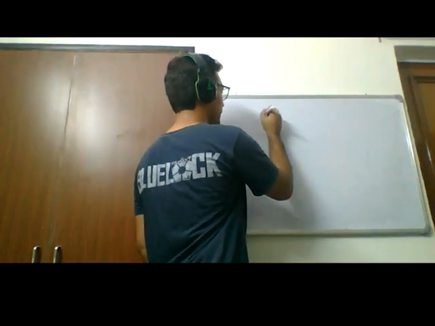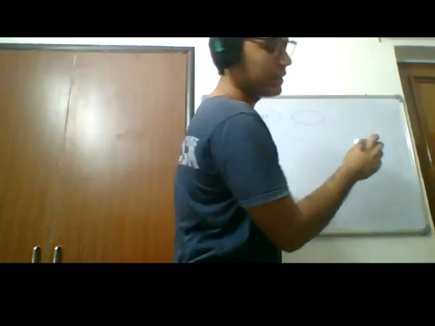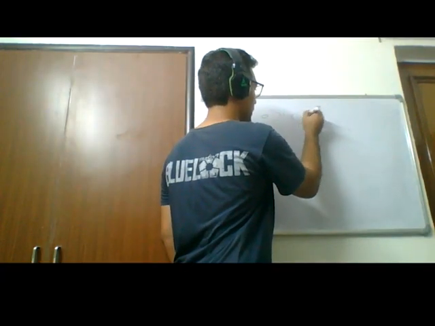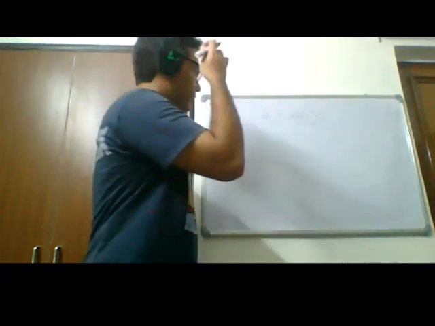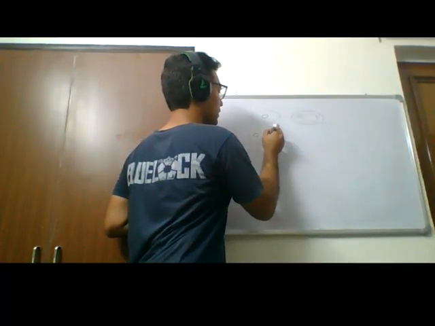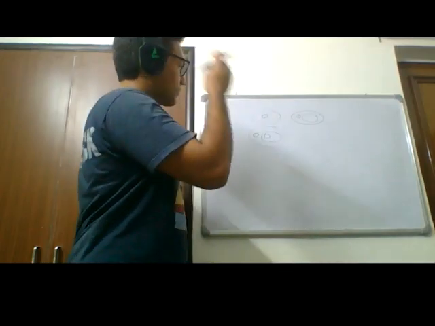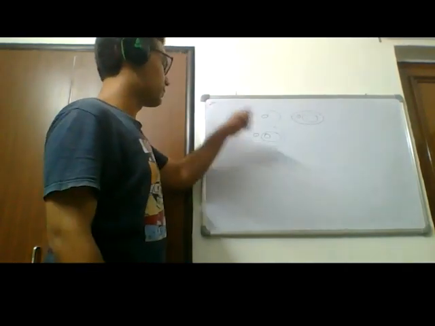Take 4 and 5. So we have, I'm drawing it only for this example. If we take the union, we're going to get this set essentially, right? This is the union.